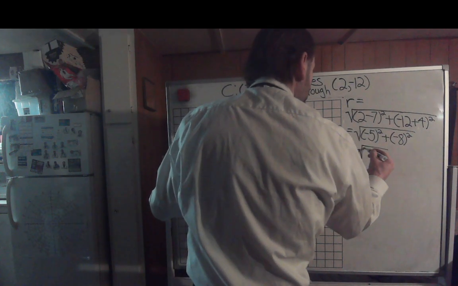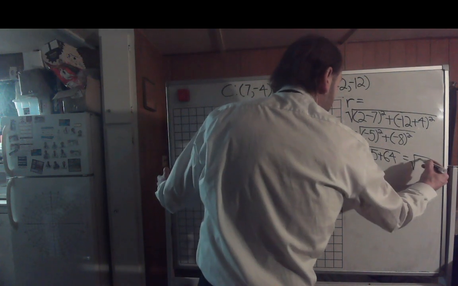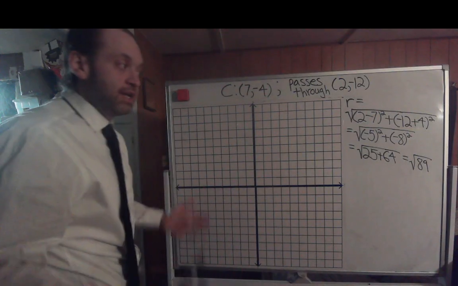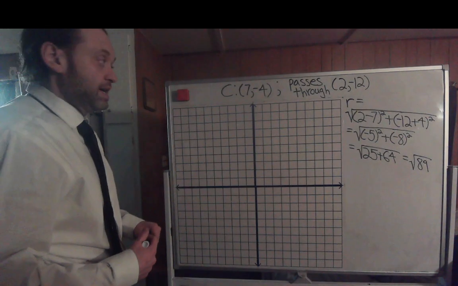So that's going to equal then the square root of -5 squared plus -8 squared. So this will end up equaling the square root of 25 plus 64, which would end up giving you the square root of 89. And really, we can't simplify the square root of 89 any further, so the radius is the square root of 89.